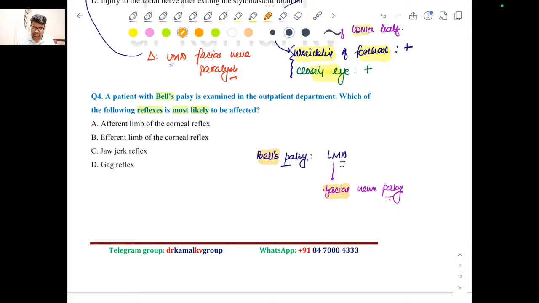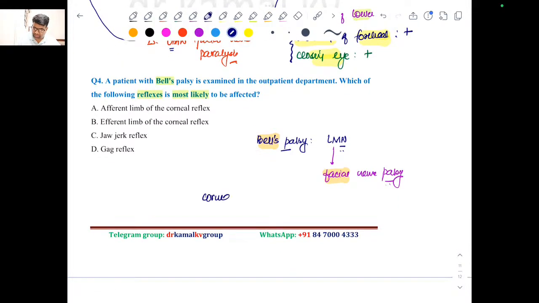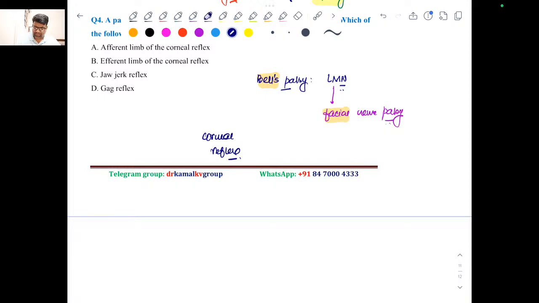Any idea? Now remember, there is one reflex known as the corneal reflex. So any idea whether it is A or B? Let us discuss what the corneal reflex is first.